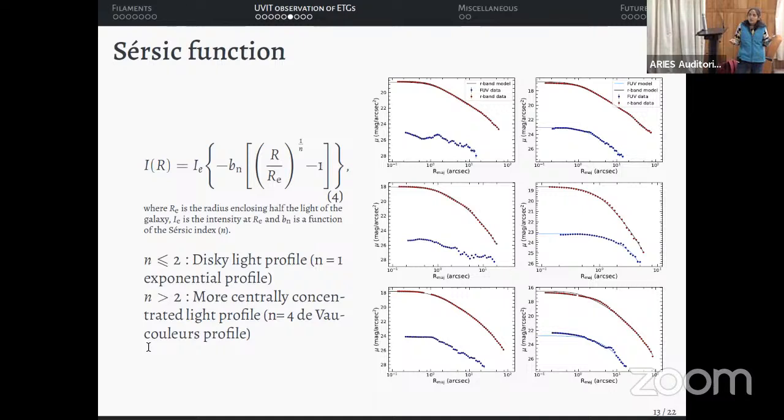Over here, I show some examples of optical profiles, and the black line is where I fit the Sersic function over it, and the blue ones are FUV isophotes. For some, I was able to fit a Sersic function because they were relatively smoother, but most of my sample had this sort of profile for which I could not fit a Sersic function.